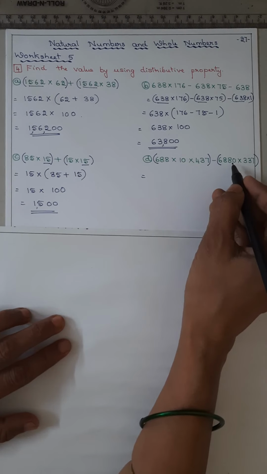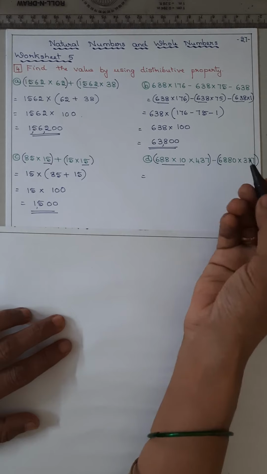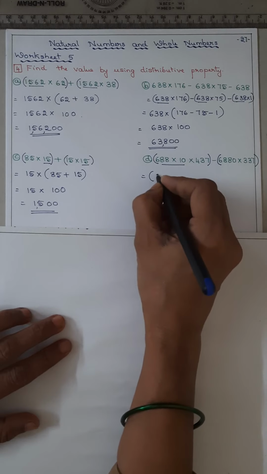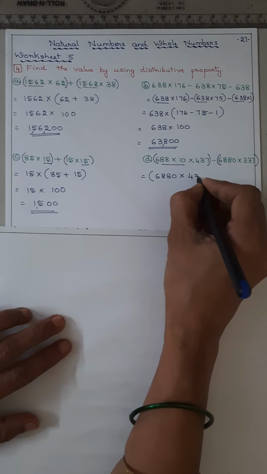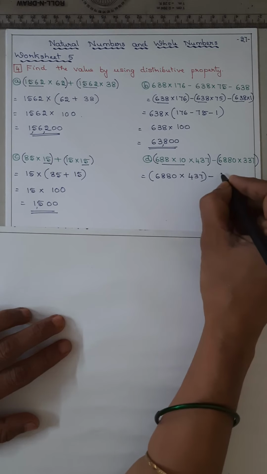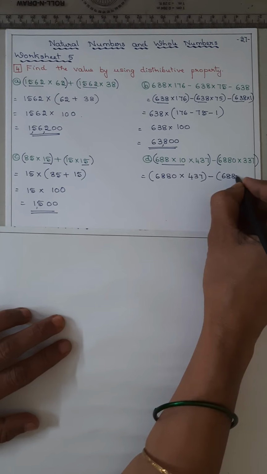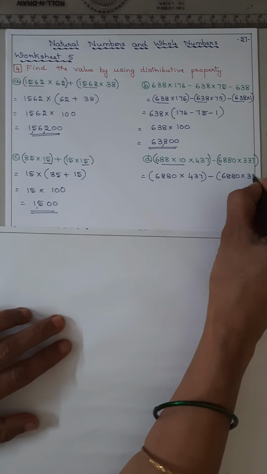Yes or no? So first multiply these two. You got 6880 into 437 minus 6880 into 337.